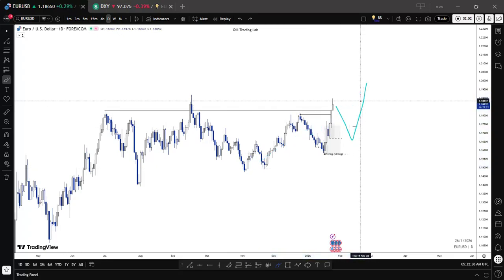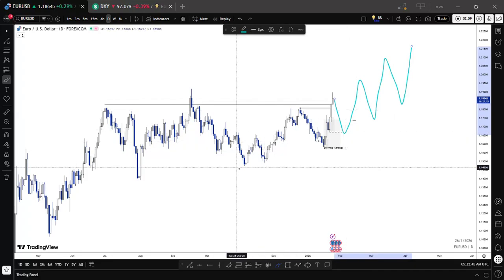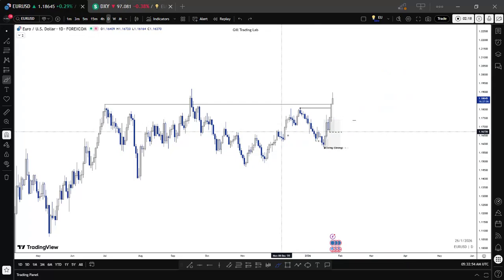So I'm going to be following this trend until it shifts. So for now, I'm going to keep following it to catch this leg for the weekly swing. So that's all for the daily time frame.